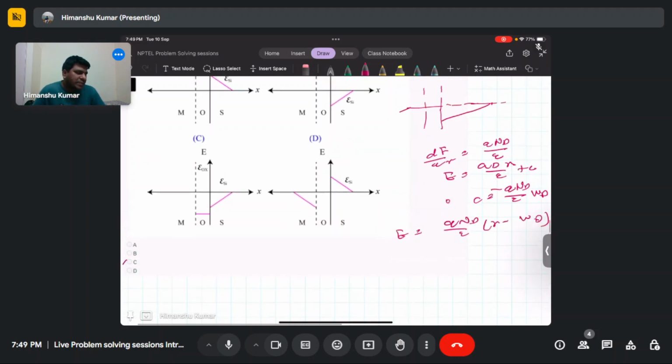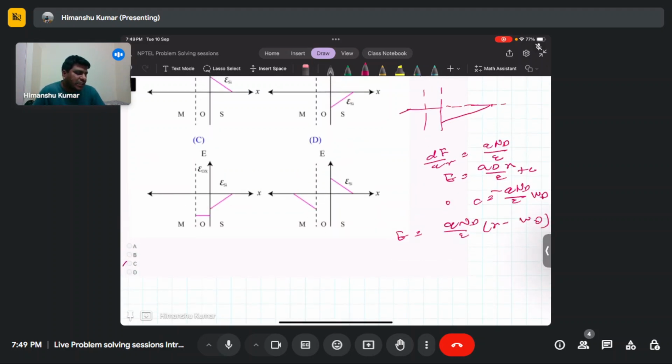As you can see, this is a negative field, because x is less than W_D, so this number will be negative, and the field will be in the negative direction, and it will linearly increase with this slope.